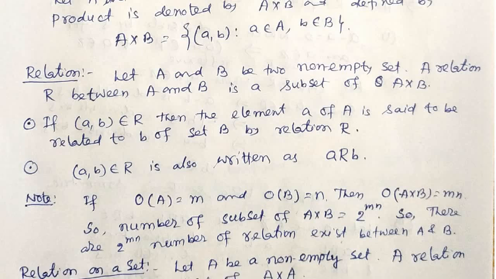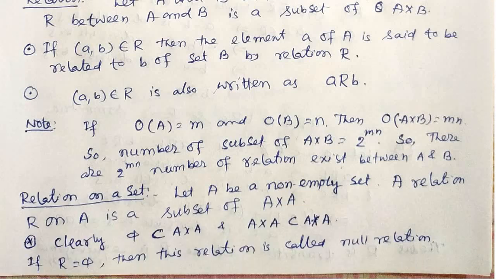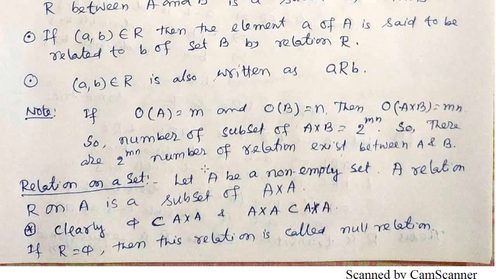Now two particular relations. A relation on a set, that is, here both A and B are the same set. So relation on a set means any subset of A cross A is a relation. We know that phi is a subset of any set.